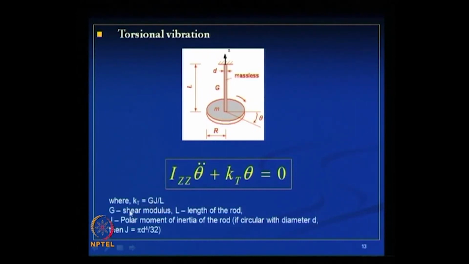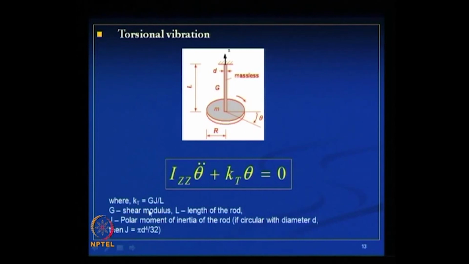What is G? G is nothing but the shear modulus, L is length of the rod, and J is polar moment of inertia of the rod. So, if we have a circular rod with diameter d, in that case the expression for J will be pi d to the power 4 divided by 32.